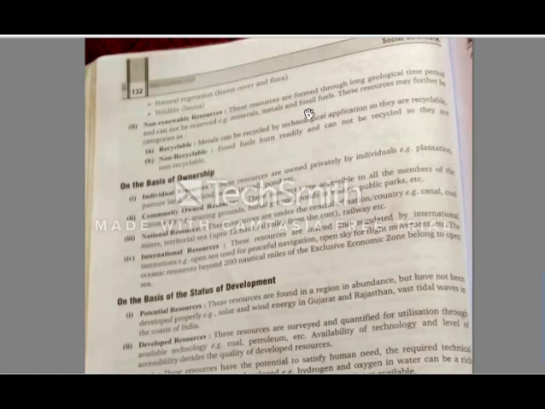The same goes for metals and fossil fuels. Coal is an example of fossil fuels, and if you see petroleum, when we use the petrol, we find nothing. Another point is that they are also categorized into two types: recyclable and non-recyclable. Recyclable means metals can be recycled by technological application.